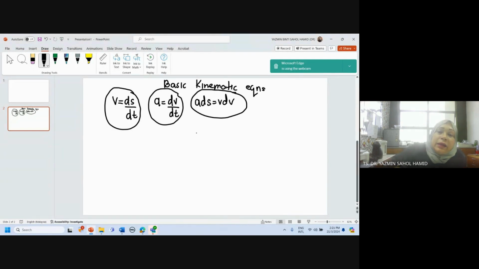At the same time, let's say S is position, V is velocity, and A is acceleration. If you have an equation of position and you are asked to find the velocity, you can differentiate. Again, if you have a velocity and you want to find the acceleration, you can differentiate the velocity.